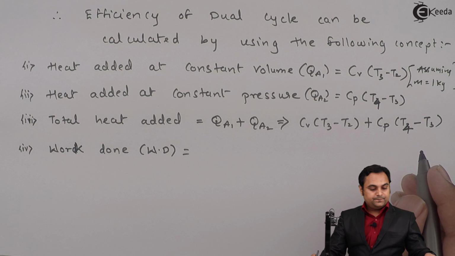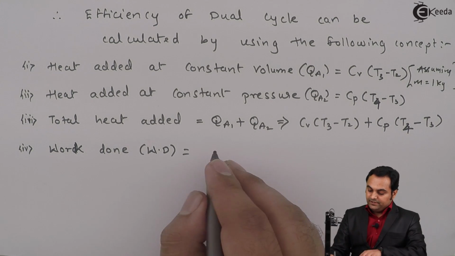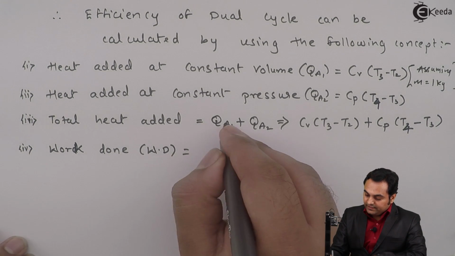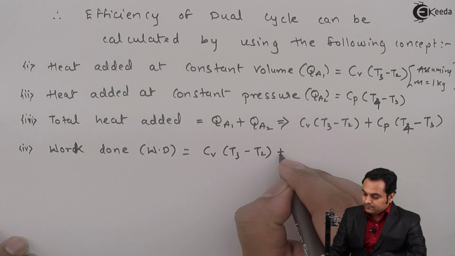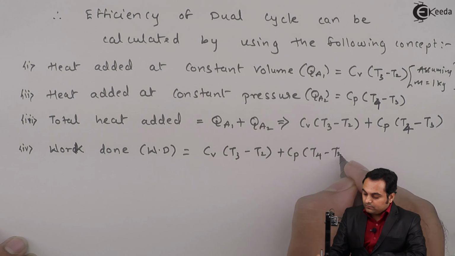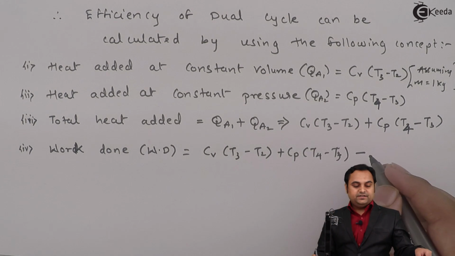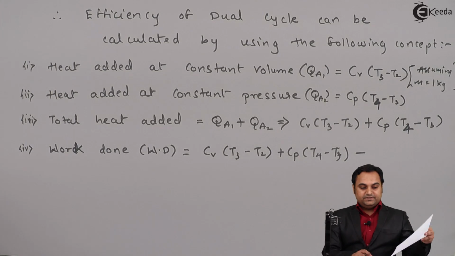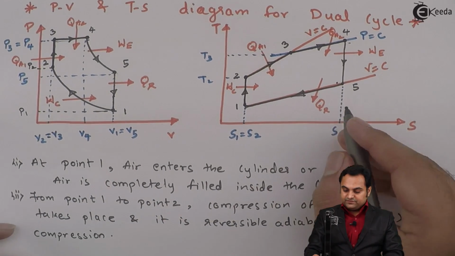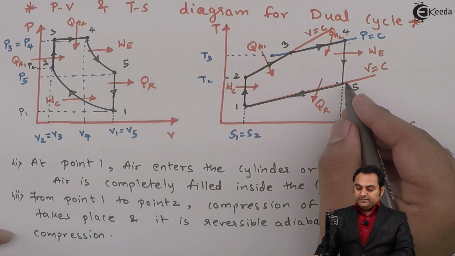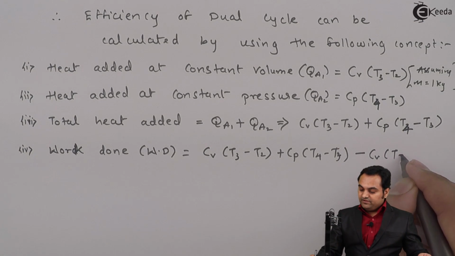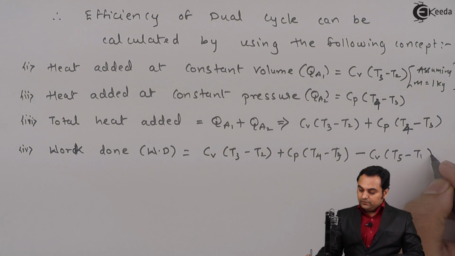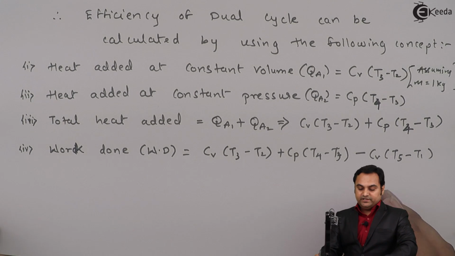So here work done, it can be total heat added, which is QA1 plus QA2, minus heat rejected, and heat is rejected from process 5 to 1, and it is at constant volume, so CV (T5 minus T1). So this much is the net work which we are getting.